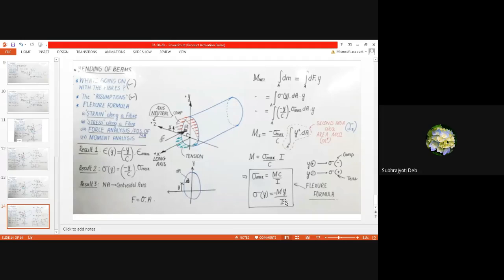This is known as flexure formula. Now if your depth y is positive, then your stress is negative, because we already have a minus sign here. So if y is positive, the stress will become negative, that is also known as compression. And if y is negative, then your stress will be positive, minus into minus is positive. So it is tension.